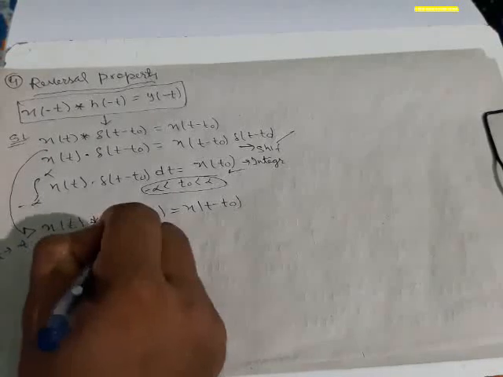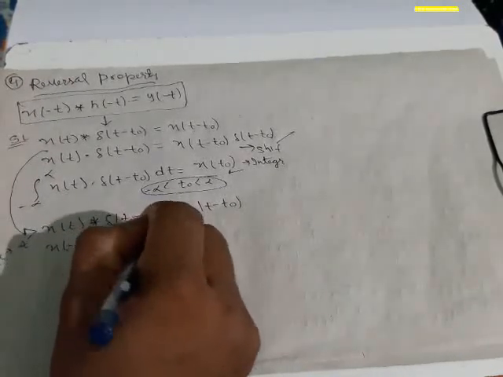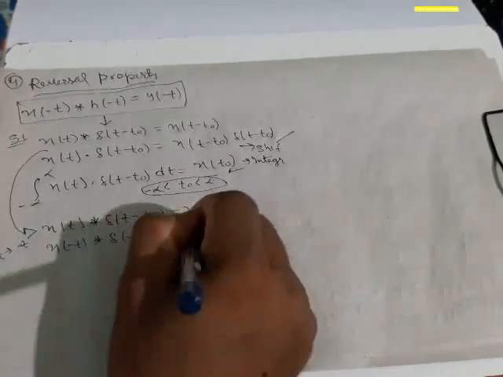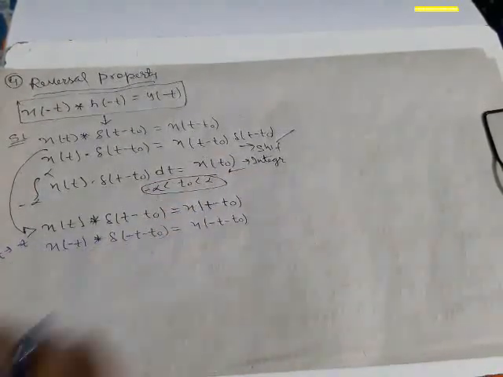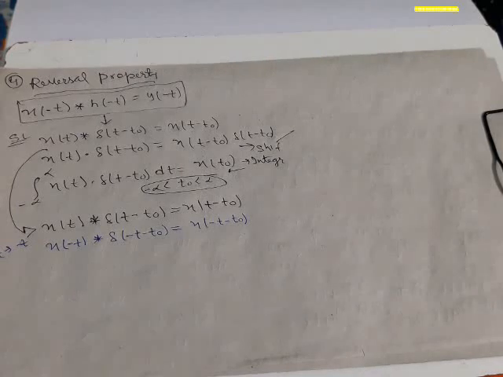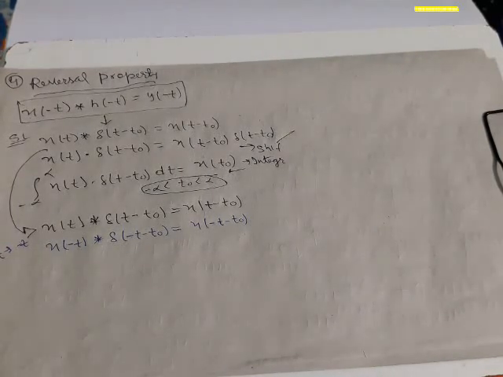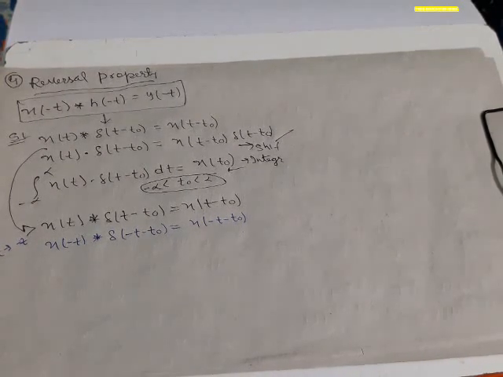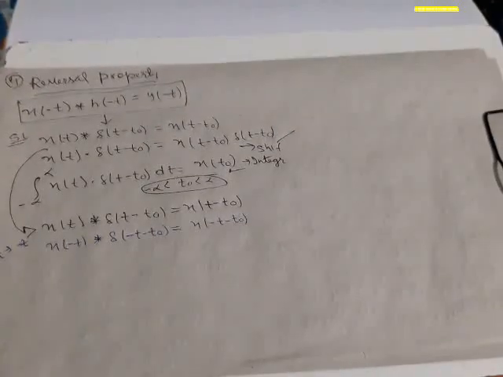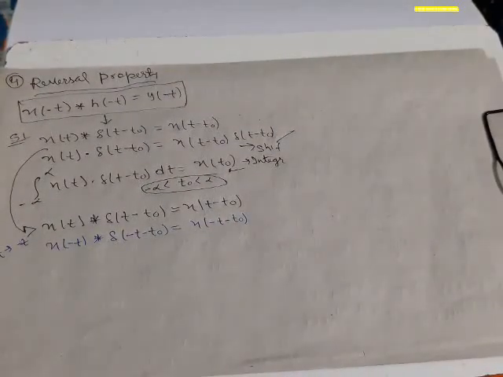That means for a step signal we get 1 minus exponential minus t into u of t, and for delta t we get exponential minus t into u of t, with this convolution.